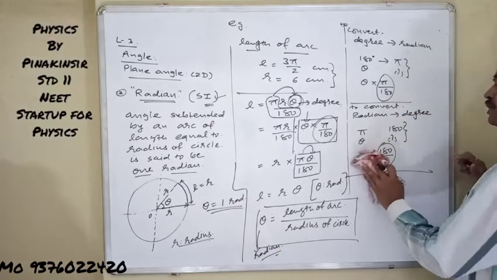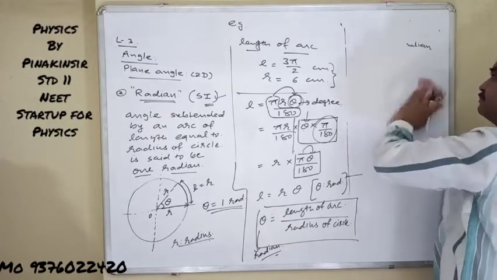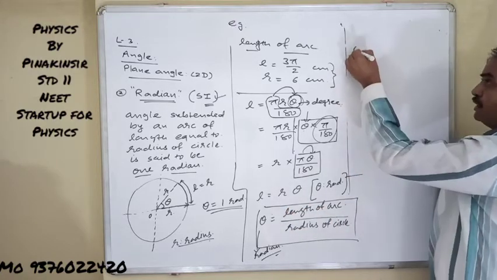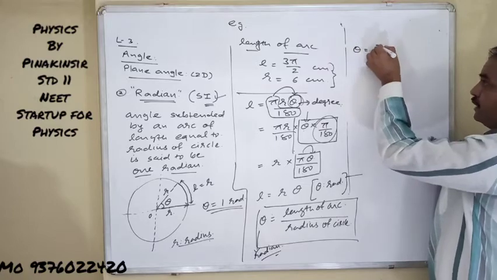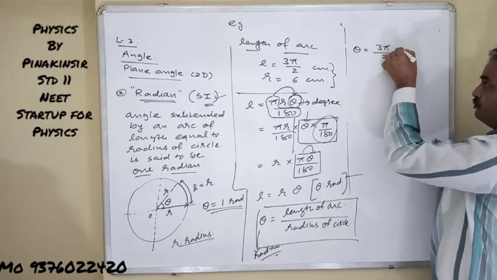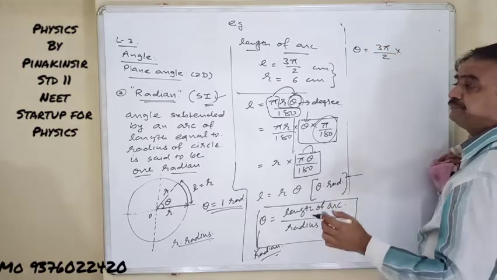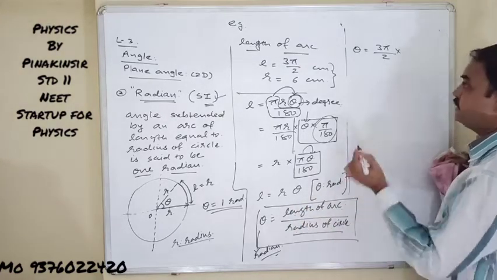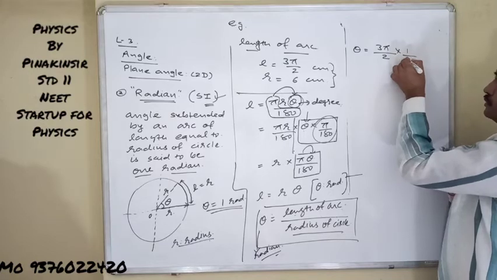Now in our given example, the length of arc is given as 3 pi by 2 and we have to calculate theta. Theta is the length of arc divided by the radius of circle.